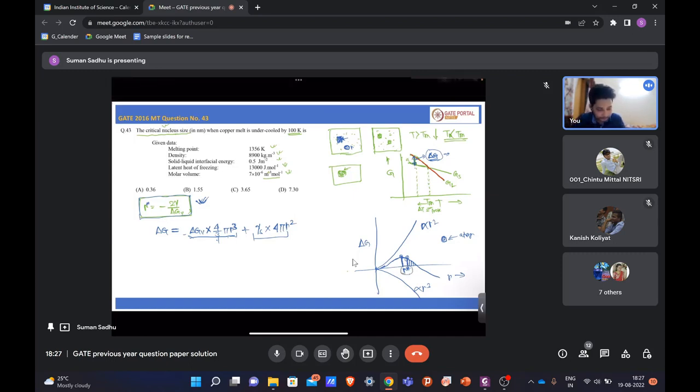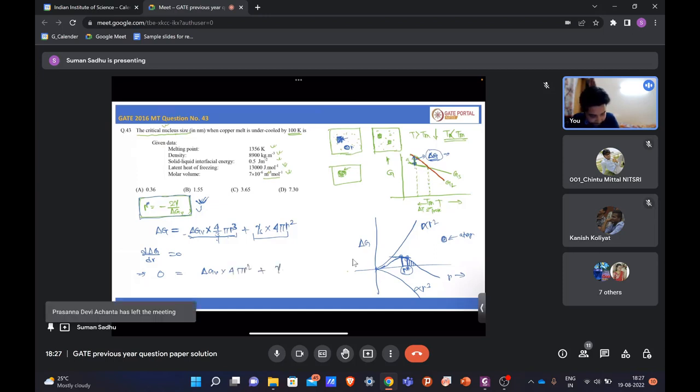So how do you get the equation? If we take the derivative at this point, d delta G by dr will be 0 at the maximum point. So you can write that 0 is equal to delta GV into 4 pi r square plus gamma s into 4 pi into 2r.